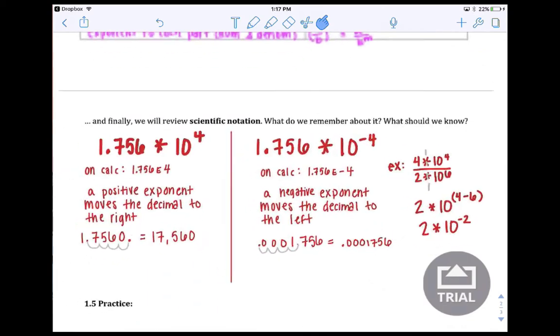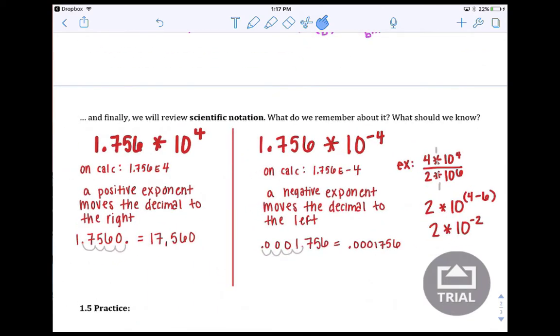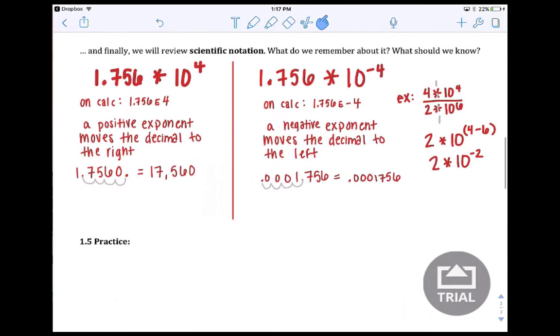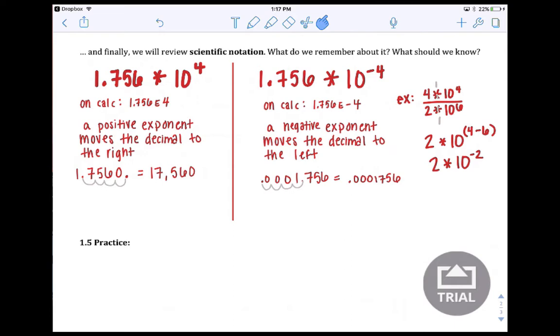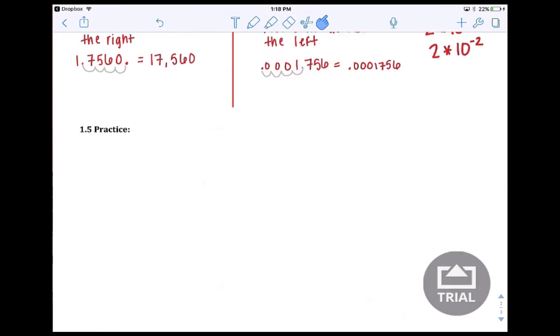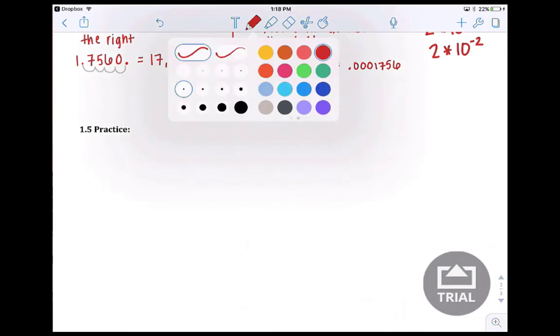Now, when things are in scientific notation, you can leave your final answer with a negative exponent. That's fine. When I get into the examples, you're going to see that sometimes we're going to rewrite it without a negative exponent because that's more proper. So right now, I'm going to get into the examples before I write the homework down.